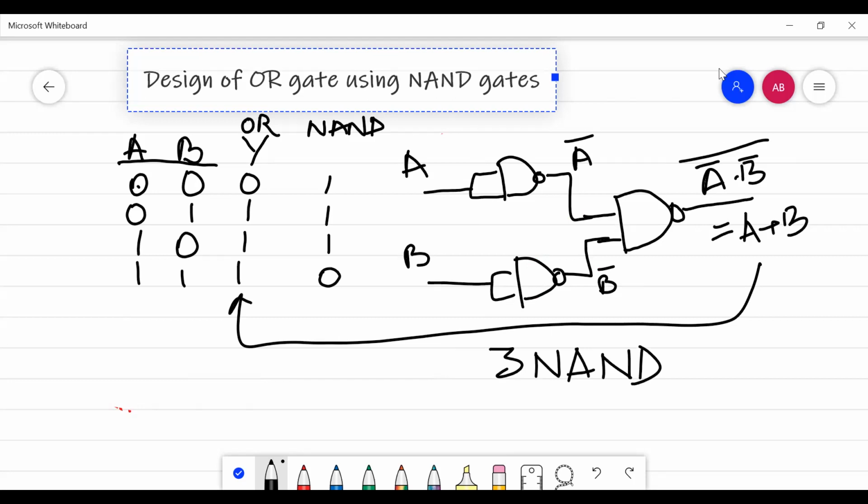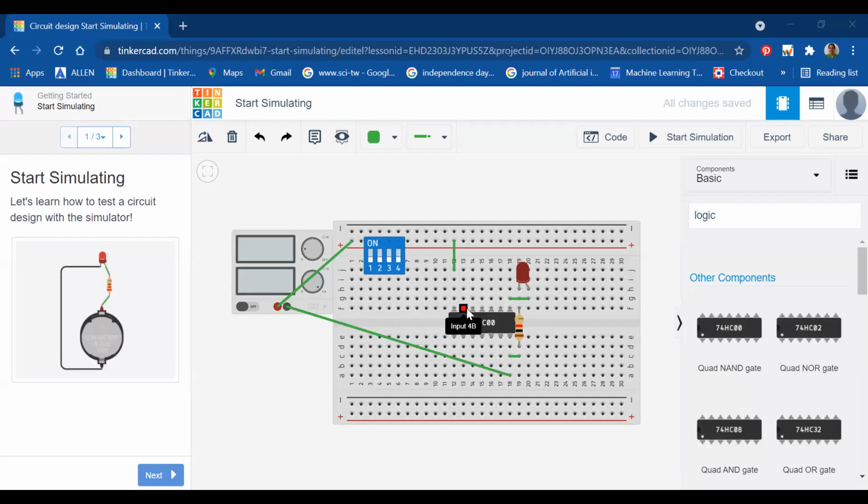So the same thing I am going to do with my Tinkercad here. So let me take 3 NAND gates. The very first thing, we need to make our first NAND gate as a NOT gate. So just join these two inputs and give the number 1 pin to this first gate. Now the output of this gate is going to act as the first input of your next NAND gate. So here you go with this. Now let's make our third gate as the NOT gate.